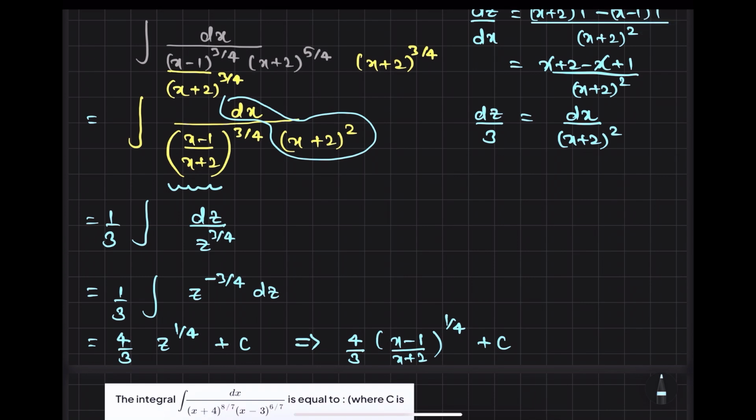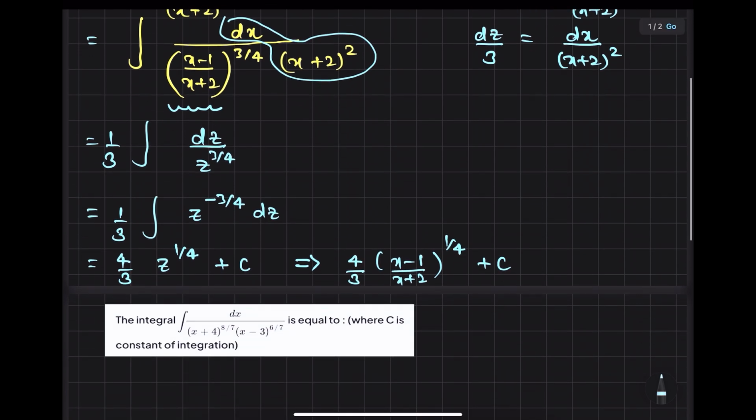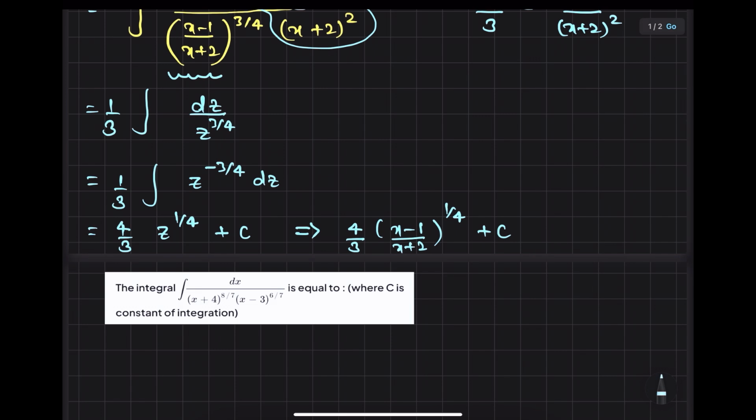If the answer carries this component, you have to take this thing as z. If the answer is carrying x plus 2 by x minus 1, you will take that component as z. I hope the idea is clear and you can handle this question.